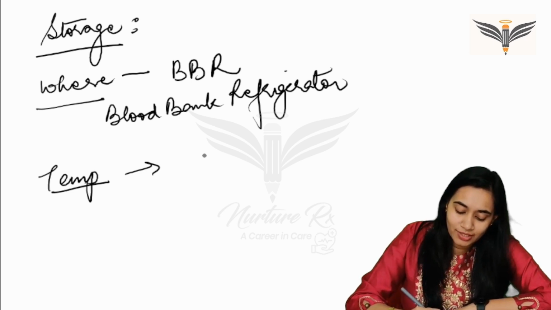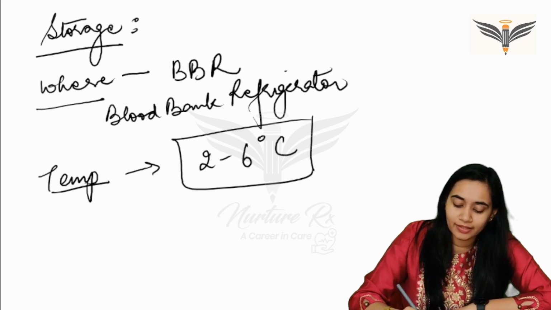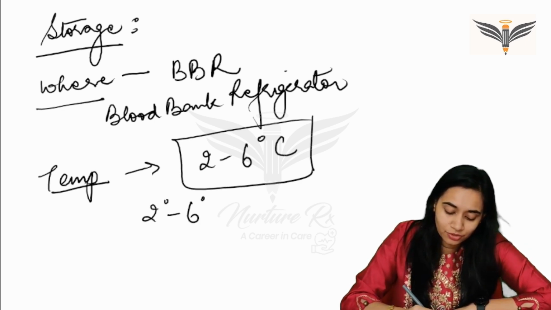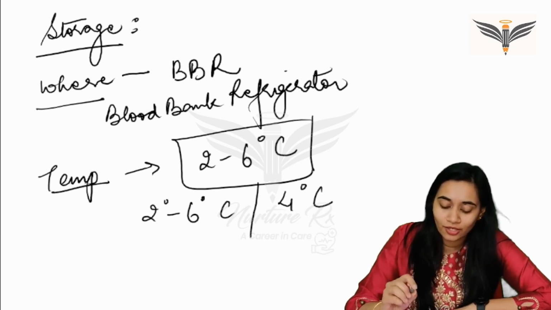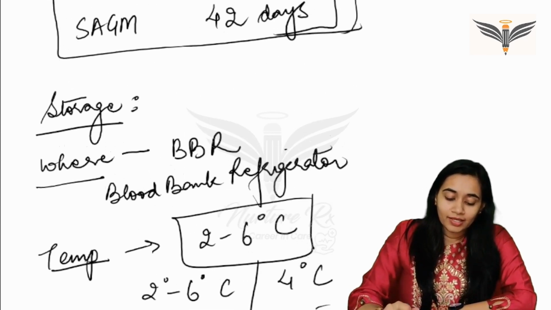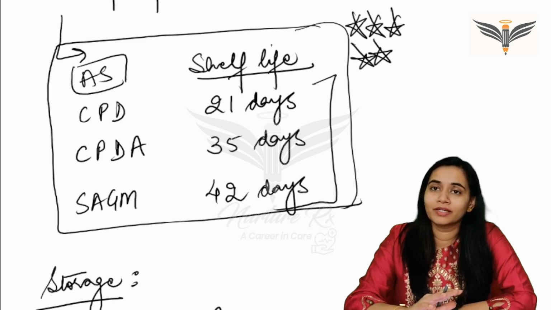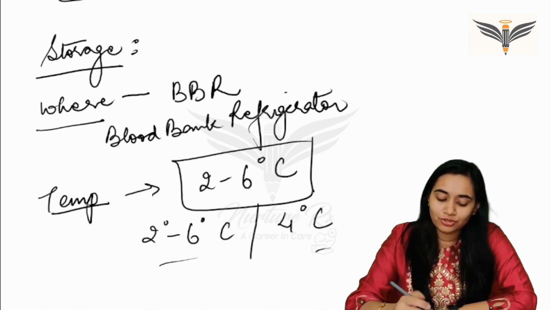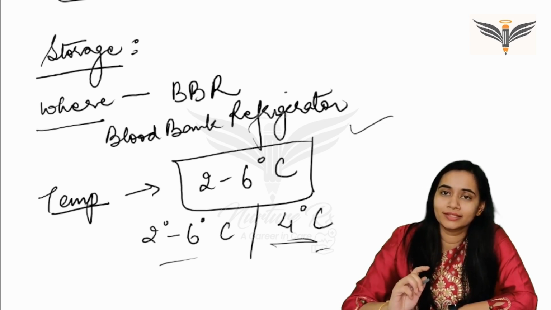So the temperature is 2 to 6 degrees centigrade. Now the other options that you can get, it will be 2 to 6 degrees centigrade or it would be 4 degrees centigrade. Okay, so both are correct, right? So this is about PRBC. Now you know what is the shelf life. Shelf life will be determined by the additive solution that is added in the PRBC, and storage, you know, it is stored in the blood bank refrigerator and the temperature is 4 degrees centigrade.